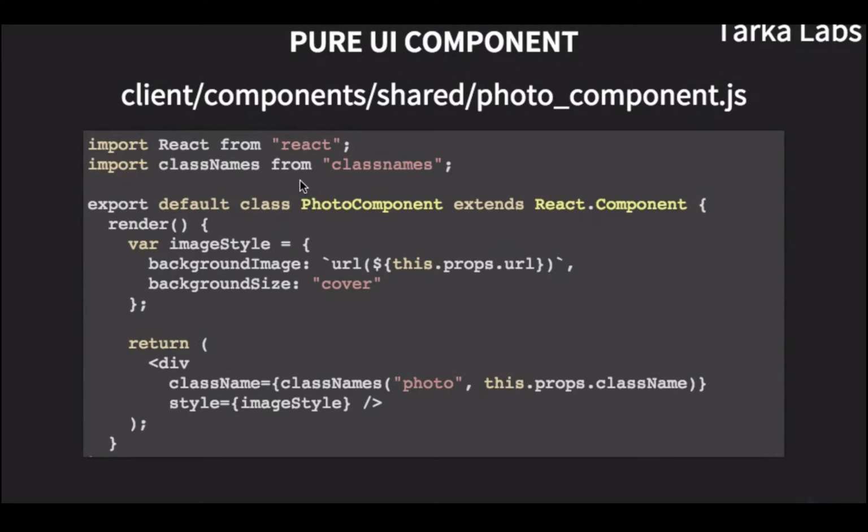Yes, this is not HTML. It looks like HTML within your JavaScript, but it's not. It's basically JSX, which gets compiled down using Babel. What it does here is compute what the image should be for the photo component and renders the div with a proper class name and the proper image.